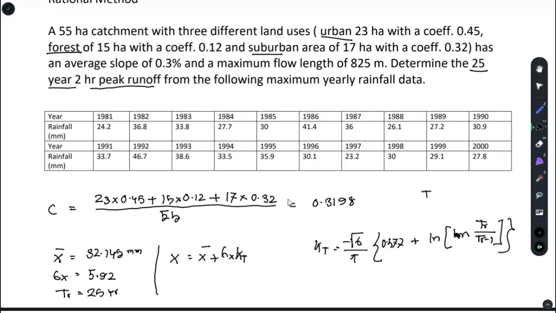Am I writing it correctly? Yes, correctly. For a return period of 25-year, you get a KT value of 2.405.